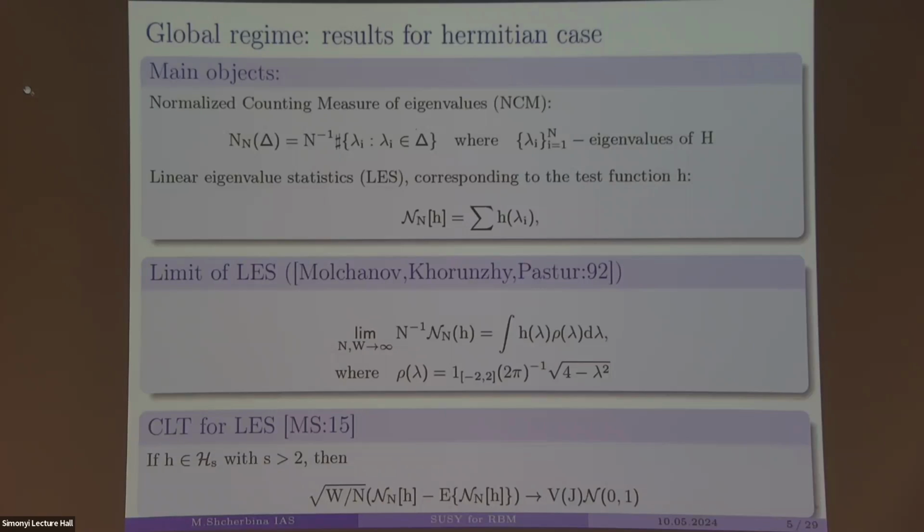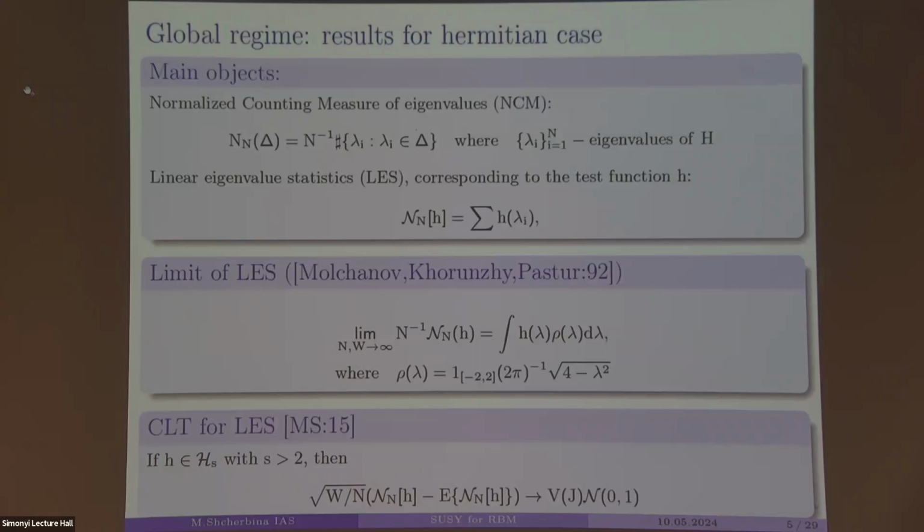And for the Hermitian case, this problem was solved many years ago, at least the first one, the behavior of linear eigenvalue statistics or the normalized counting measure. It was proved many years ago that the limit for the measure is the so-called semicircle. By the way, the same thing happens when you put W equal exactly to n.